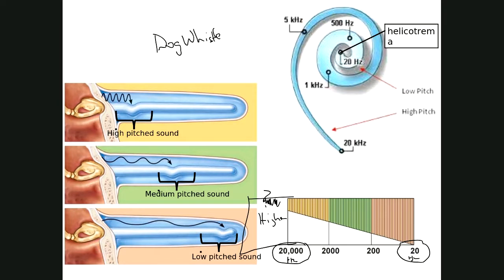By the same token, do you think that there are sounds that are lower pitched than 20 hertz? There are. But can humans hear them? We cannot. But some animals use very low-pitched sounds to communicate. Whales, elephants, they use these really low-pitched sounds to communicate. Humans don't hear those.